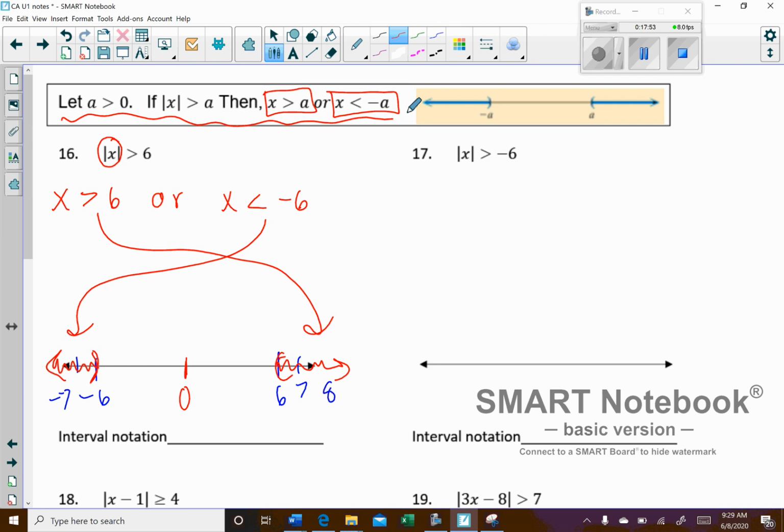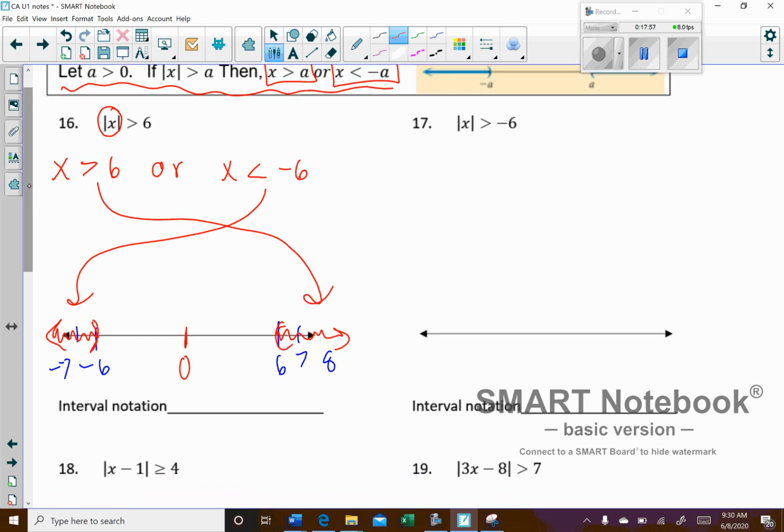Okay, so the way you're going to write your interval here, we want to go from left to right. So the left interval is from -infinity to -6. Then you should have a tool on your toolbar when you're doing your homework, and it should just look like a capital U. It stands for union.